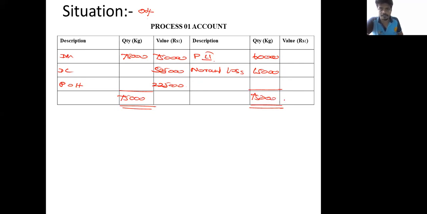Now these 15,000 scraps, or the normal loss, we can sell for 10 rupees each. That means the value of the normal loss is 150,000. We can have a separate scrap account for this.